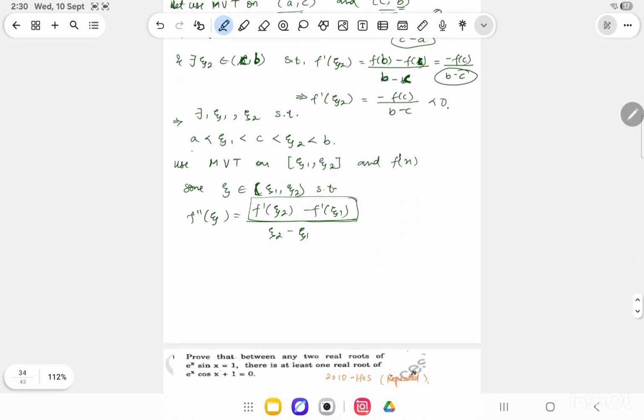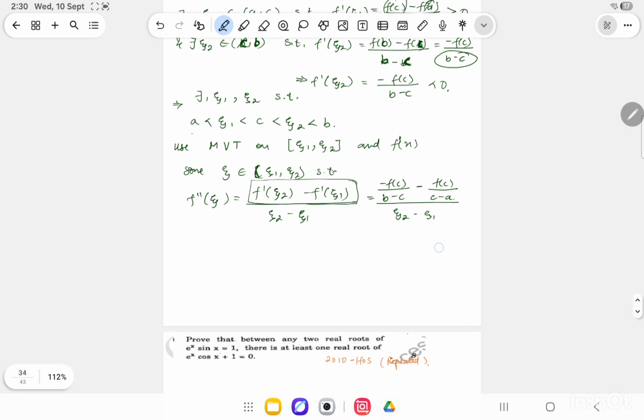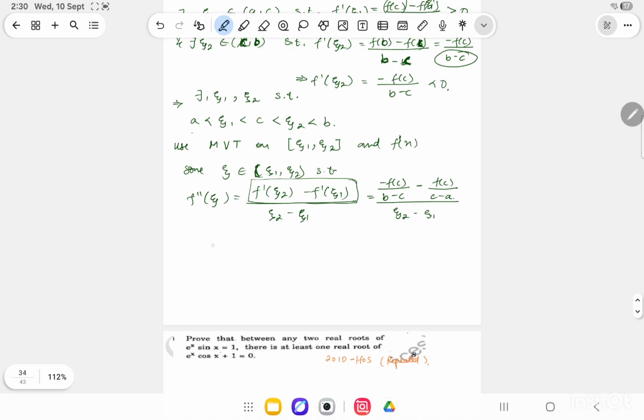So f'(ξ2) is basically equal to minus f(c) divided by b minus c, minus f'(ξ1), that is f(c) divided by c minus a, all divided by ξ2 minus ξ1. From here I can take out minus f(c) common, so it will be minus f(c) divided by (ξ2 minus ξ1), into 1 upon (b minus c) plus 1 upon (c minus a).